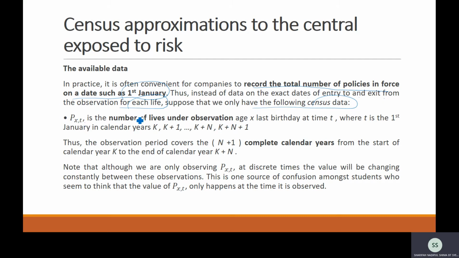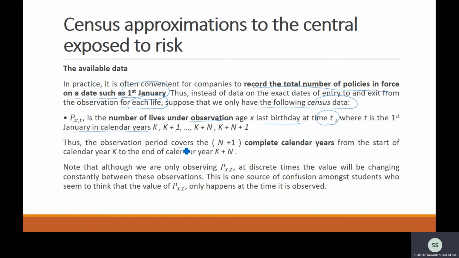PXT is the number of lives under observation aged x last birthday at time T, where T is the 1st January in the calendar years K plus 1 until K plus N plus 1.